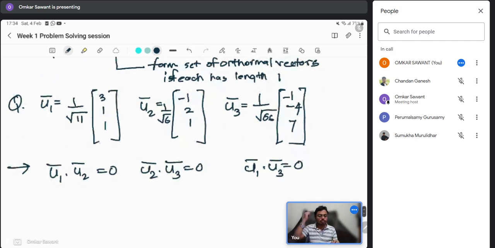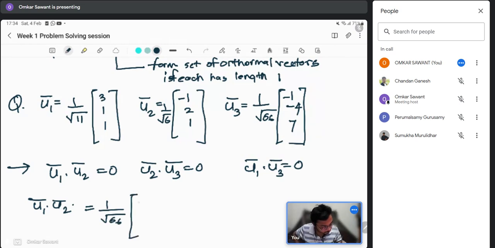So check whether it is 0 or not. So u1 bar dot u2 bar, what you will find? It is 0, right?